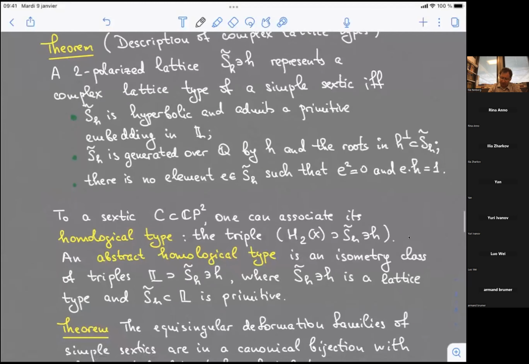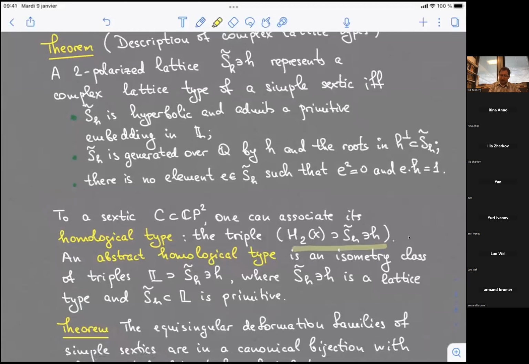So a homological type is a triple like this. So I have a lattice type, and I consider this lattice type inside the second homology group of our K3 surface. And so now I have these triples, and I can again consider them up to isomorphism, and this is what is called homological type of our sextic curve.